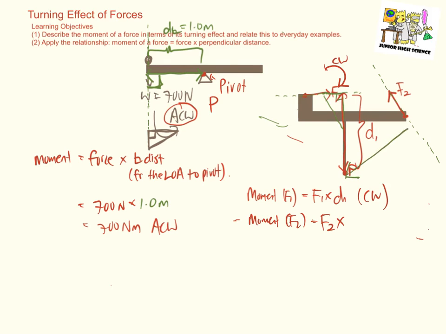This will therefore be the perpendicular distance D2. And force F2 about the structure will cause the system to rotate in this direction about the pivot point. This is an anti-clockwise direction. So there you go. The moment caused by force F2 is simply F2 times D2, and this moment is an anti-clockwise moment.